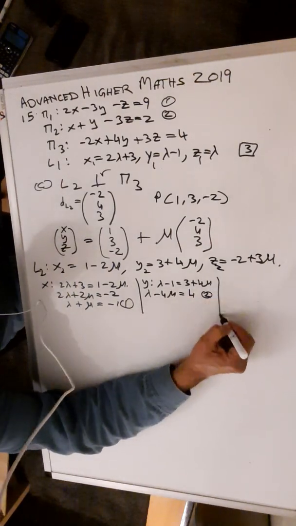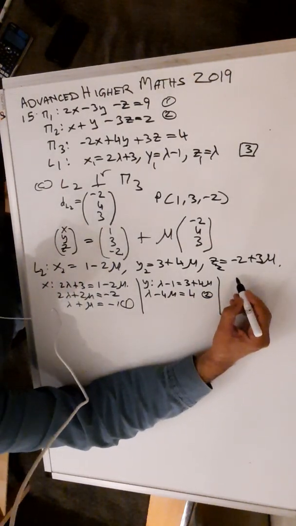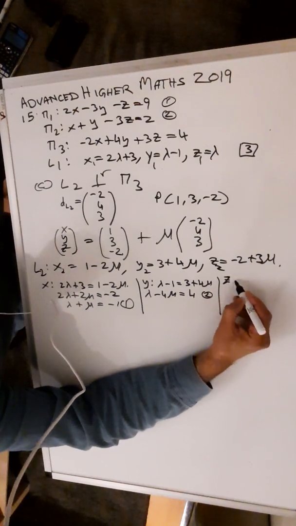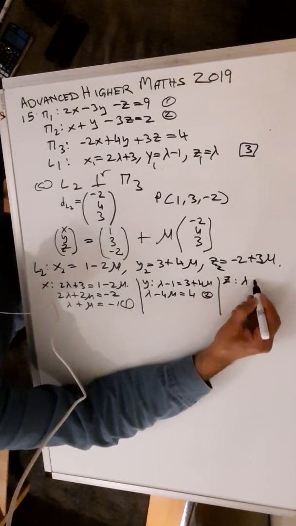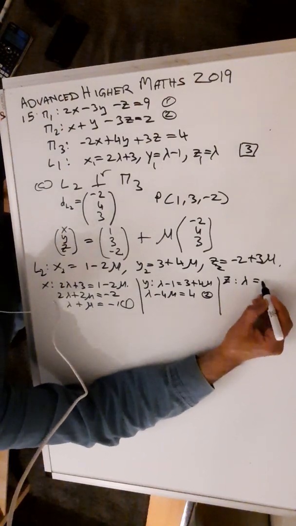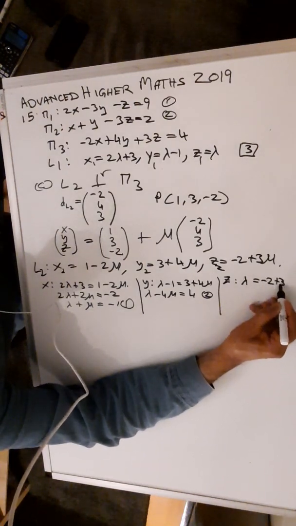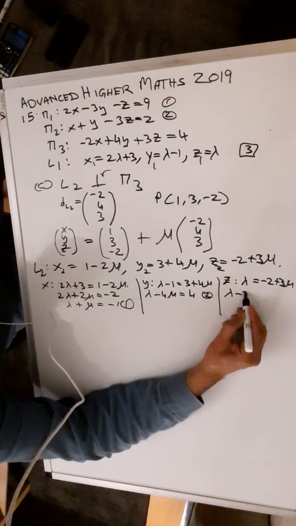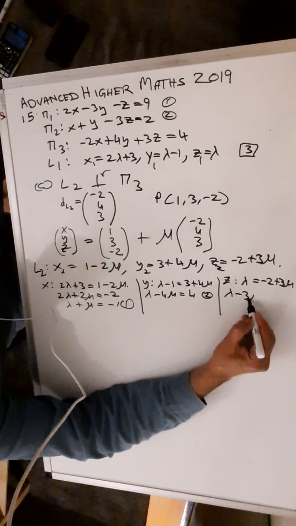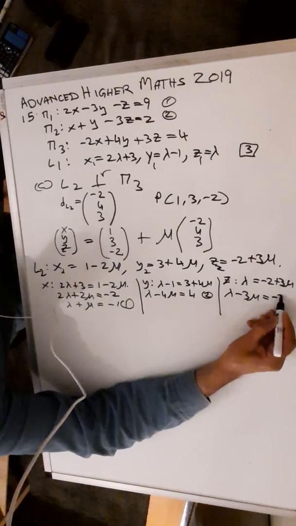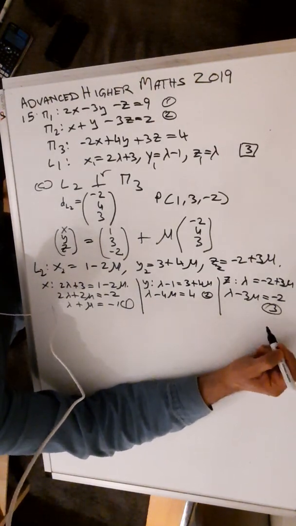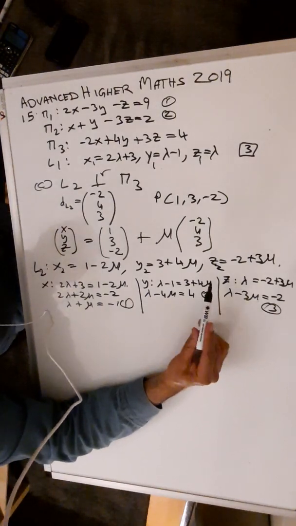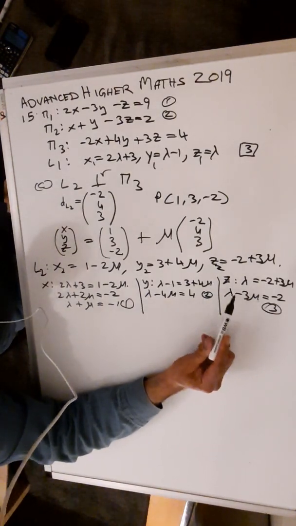Now for the parametric equation for z: lambda is equal to minus 2 plus 3 mu. Bring it to this side, so lambda minus 3 mu is equal to minus 2. So that's your third equation.